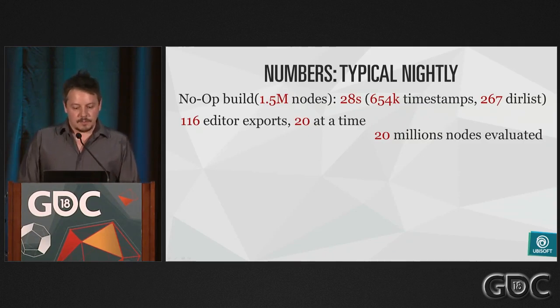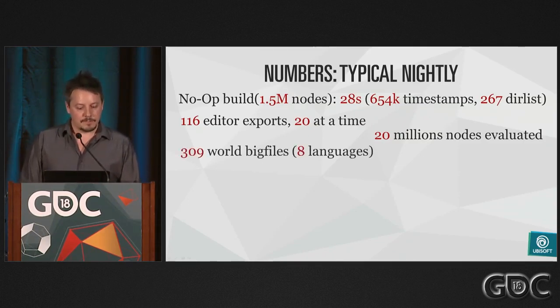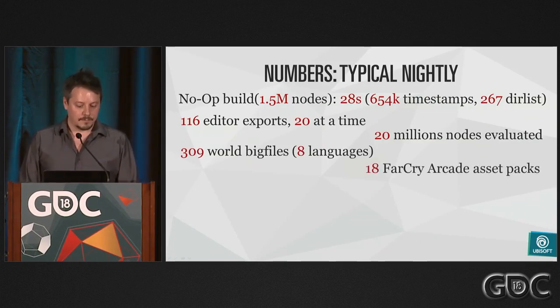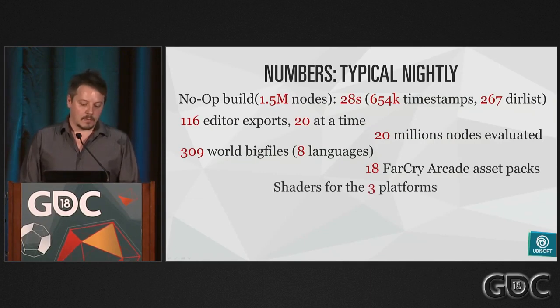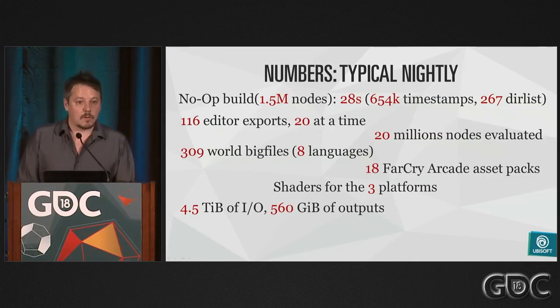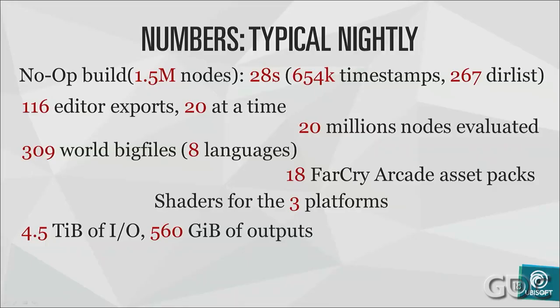It ends up in a 20 million node dependency graph that outputs more than 300 big files and 18 Far Cry Arcade asset packs, all the shaders for the three platforms. So all of this is generating 560 gigabytes of outputs while performing 4.5 terabytes of I/O.